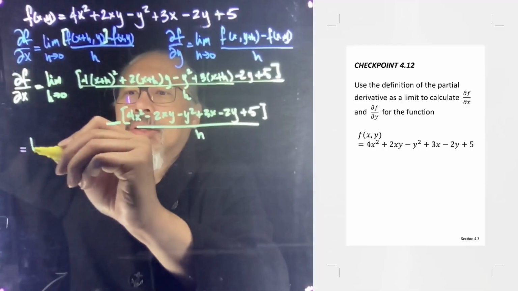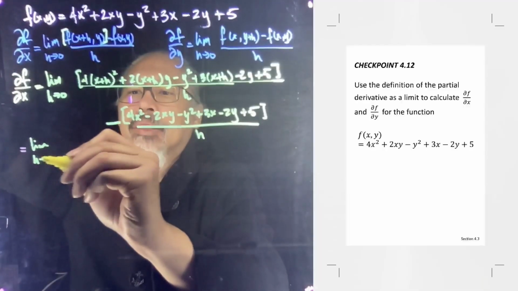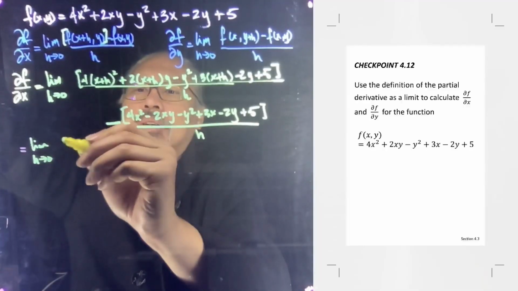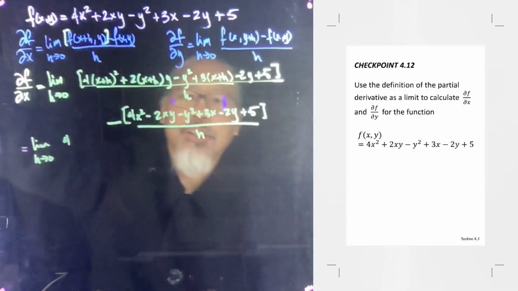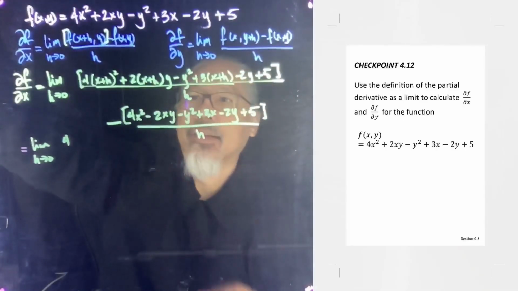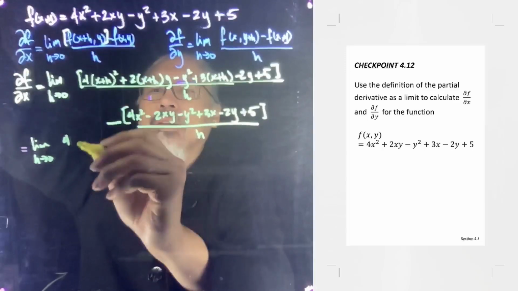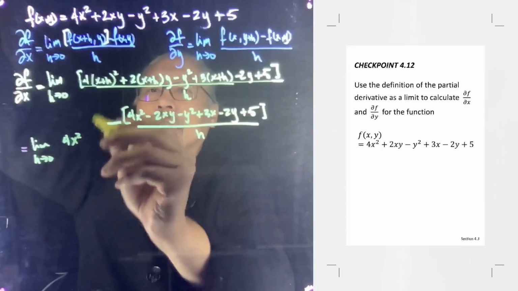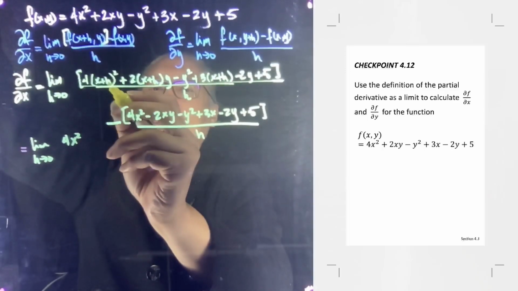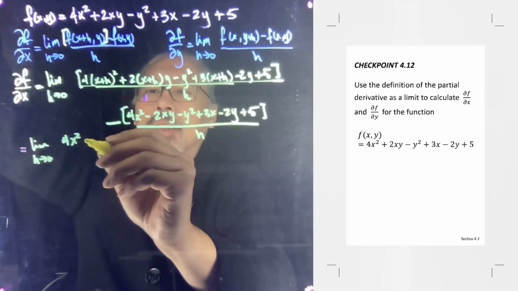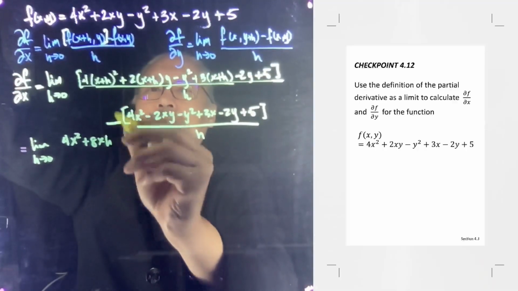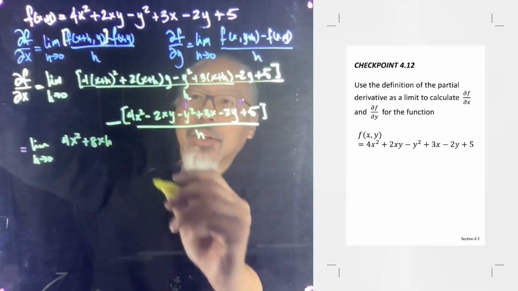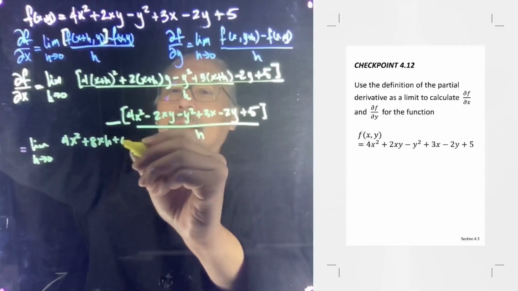This is going to be the limit as h approaches 0 of 4, and then this is going to FOIL out. Let's distribute the 4 while we're at it. The first term is x squared, that'll be 4x squared. The middle term is going to be 2xh, and we'll multiply it times 4, so that's 8xh. And the last term would be h squared, multiplied times 4.